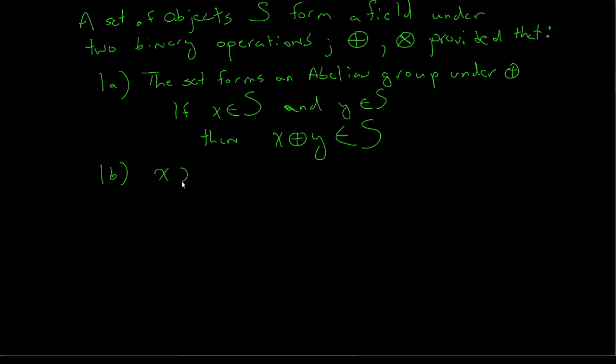Then, however I've defined this binary operator, it's commutative. And we'll say for all X and Y that are in my set, X added to Y with our new definition of addition equals Y added to X. So it's commutative for all X and Y that exist within our set S. Right?